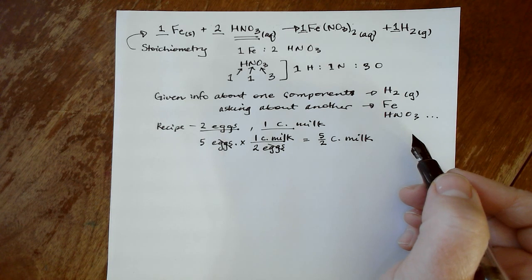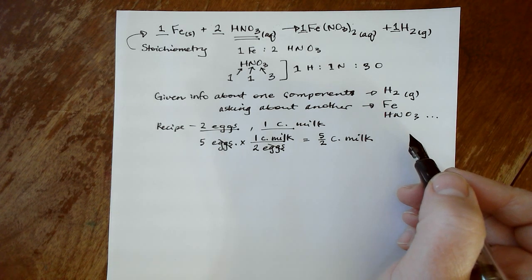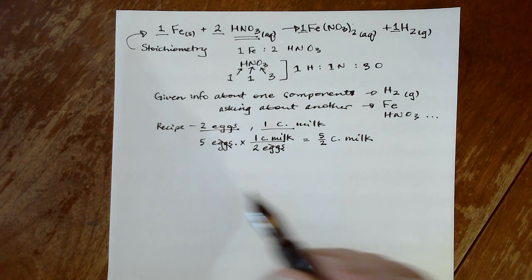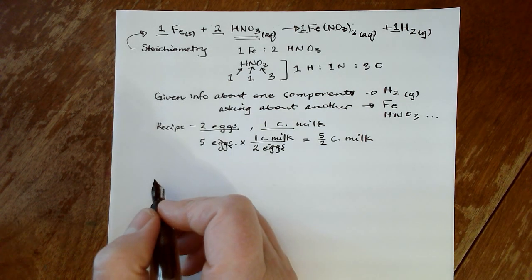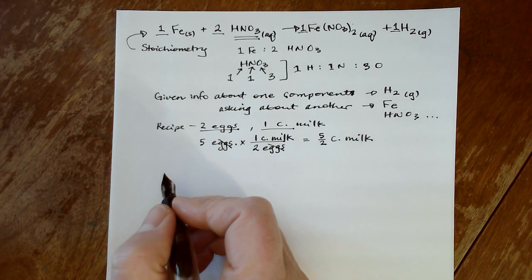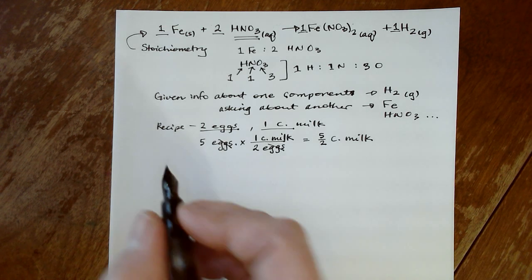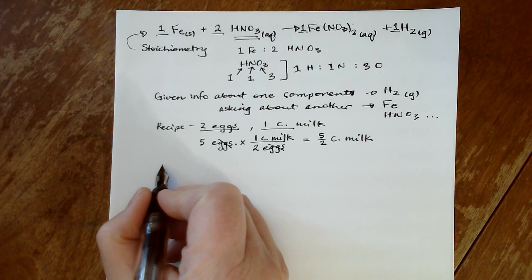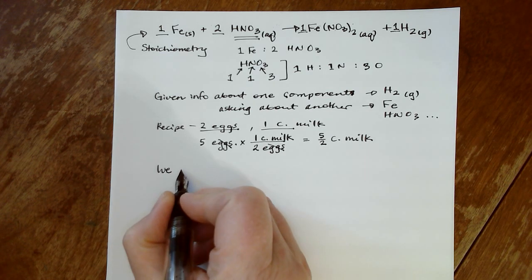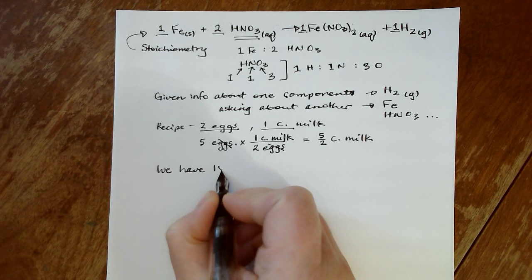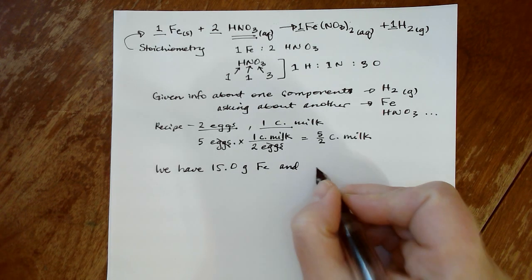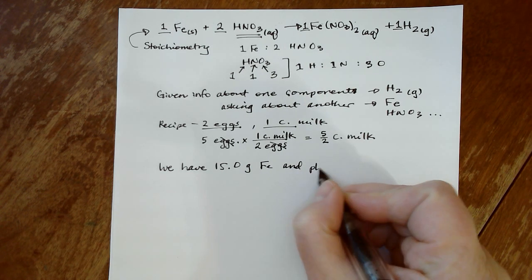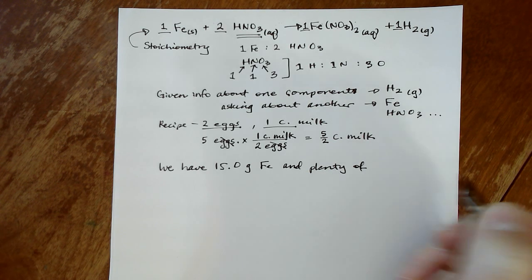So I'm going to just throw some numbers out here, and let's go ahead and give this a try, all right? Without the gas law right now. The next one will have the gas law in it. But for right now, then we would say something like, maybe, we have 15 grams of iron and plenty of nitric acid.